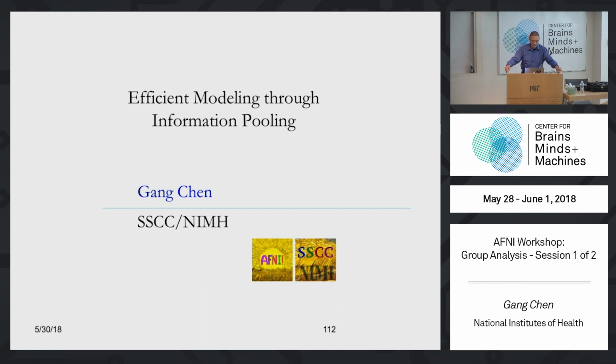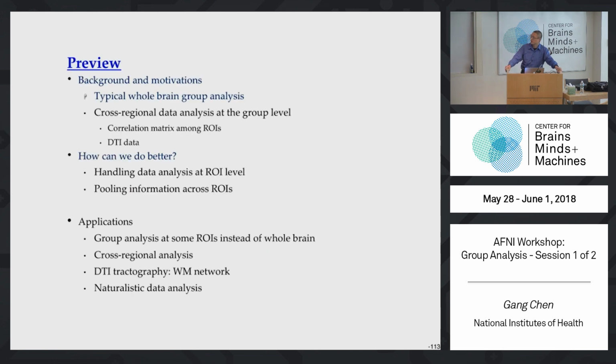Now let's switch to something a little different. I mentioned at the beginning of group analysis that in typical FMRI data analysis at the group level, we do whole brain analysis, right? That approach has some challenges. For this part, I'm talking about the motivations for why I want to do ROI-based group analysis instead of whole brain.